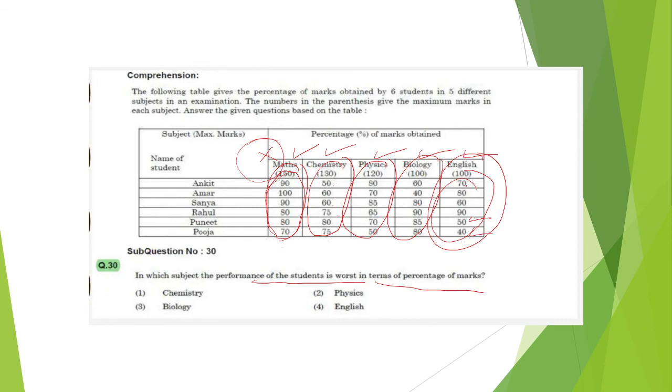In the others, all are more than 50 and 40, with values like 70, 80, 60. In English only one is 50 percentage and the other is only 40 percentage. We can guess that English is the worst percentage of marks.